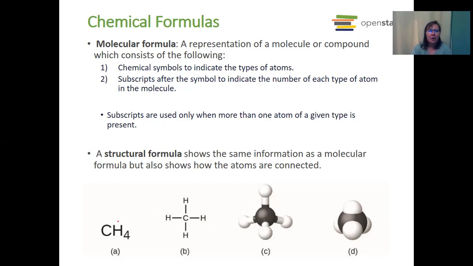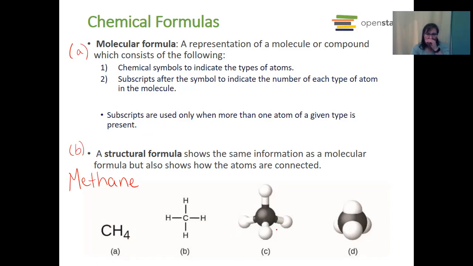So right here we have CH4. This is methane. All of these are methane, and they're different representations of that. This one right here, A, is our molecular formula. And this structural formula you could call B, and this sort of shows that.